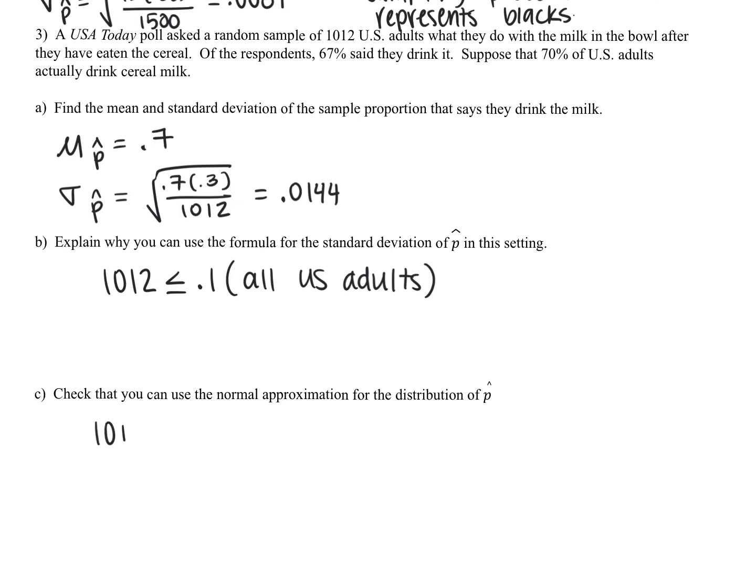So 1012 times 0.7 has to be greater than or equal to 10, and then 1012 times 0.3 has to be greater than or equal to 10. So 1012 times 0.7 is 708, and 1012 times 0.3 is roughly 300, also greater than or equal to 10. So our conditions have been met.